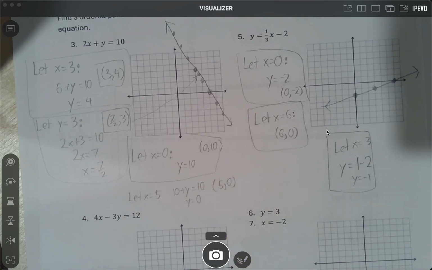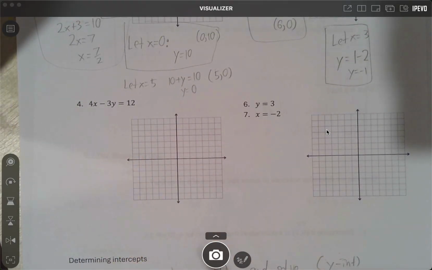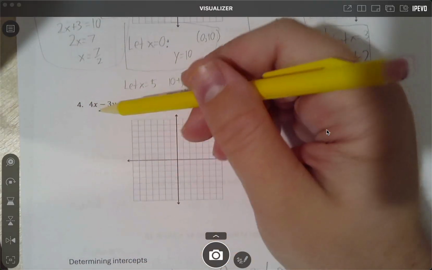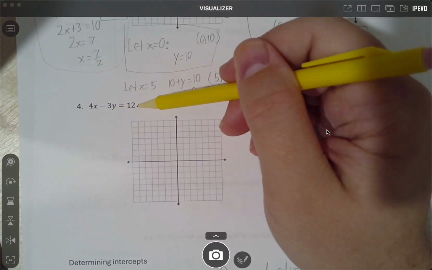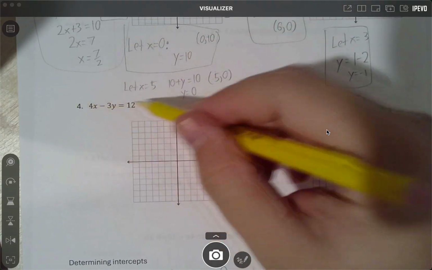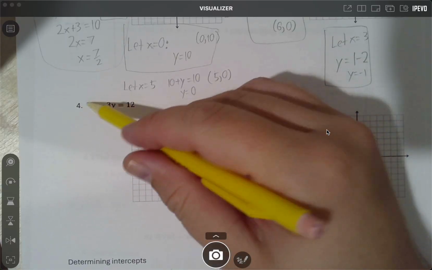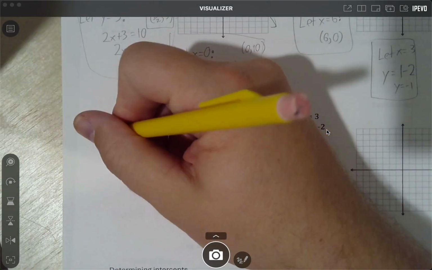So that's just an easy way to go through those problems, and I want to expose this early on because 4 is a great example of this, because look at this, 4 and 3 easily divide 12. So this general form is great for finding intercepts, especially when your numbers are divisible with that number on the other side. And so let's see that now.